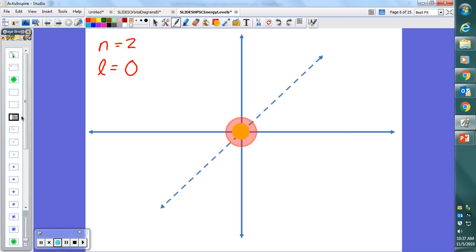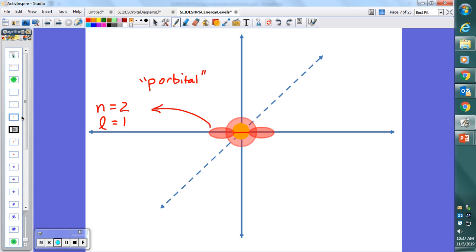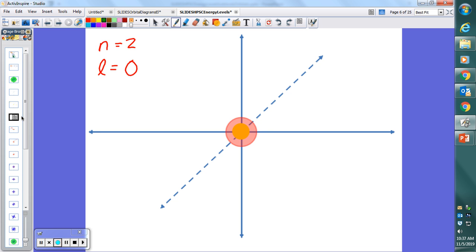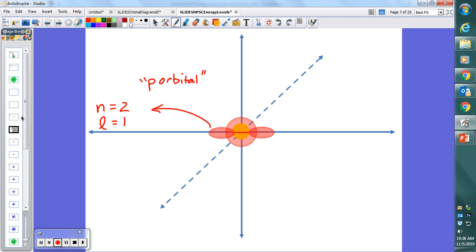So we went from here to here. This was the first hourglass-shaped orbital that we drew. Because it's the same color, the principal quantum number is still equal to 2. N is equal to 2, just like n was equal to 2 for this red orbital. But the shape is different, and that's why we assigned a different angular momentum quantum number.